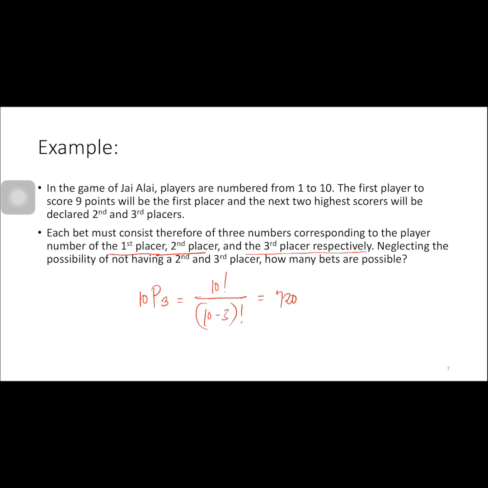Or you can use your permutation function in your calculator: 10, then shift, then the multiplication function, then 3, then equal. That will give you 720.